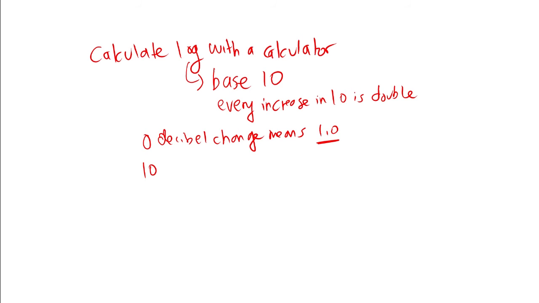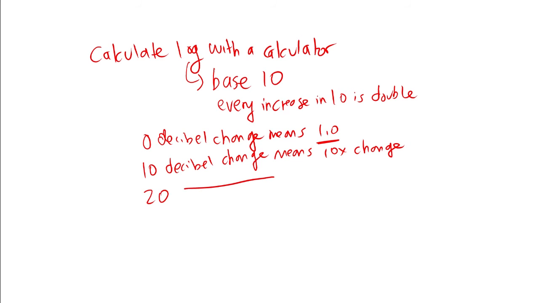A 10 decibel change means 10 times change. And 20 means 100. And 30 means 1,000.